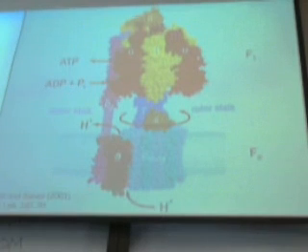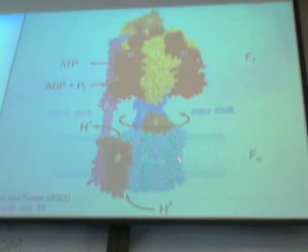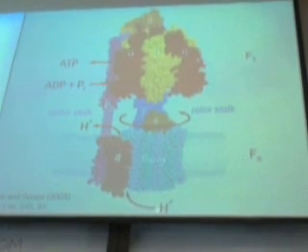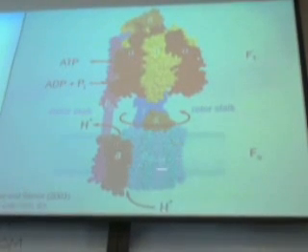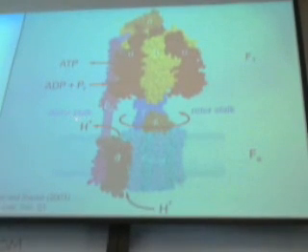This looks just about like that. This part here is the rotor of the system, and this is driven by proton pumping, as you can see here. The protons on the outside of the membrane go through this rotor, cause it to rotate, and they're delivered to what is now the inside of the membrane.